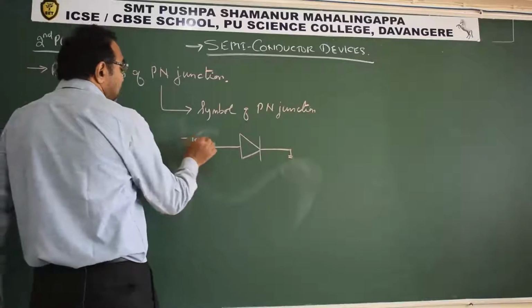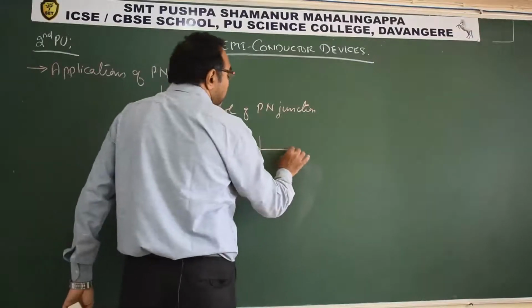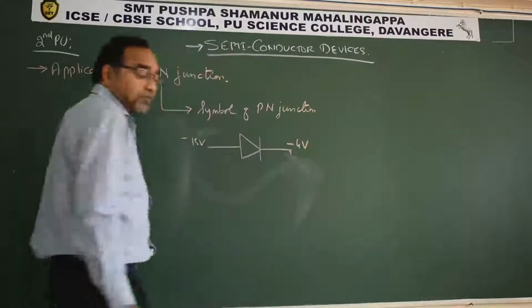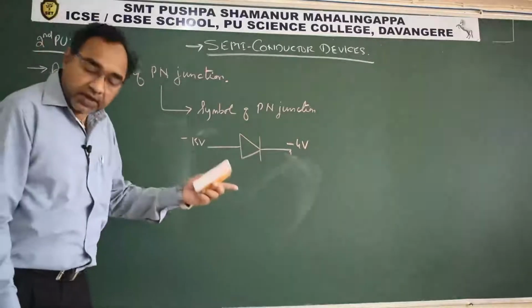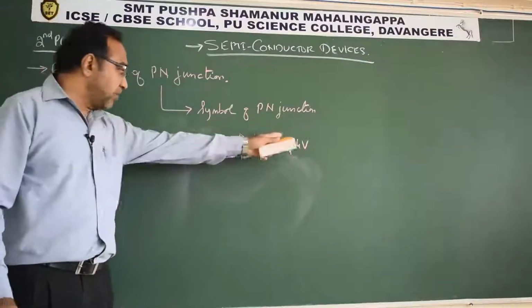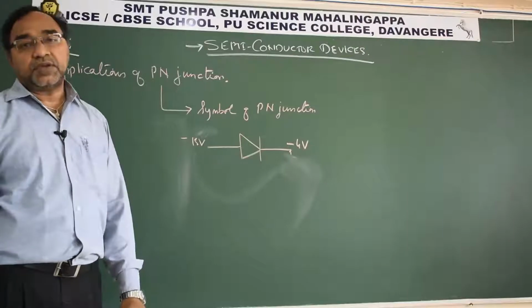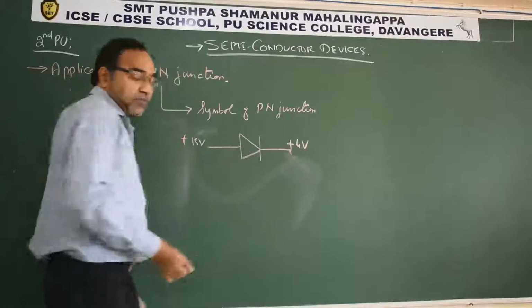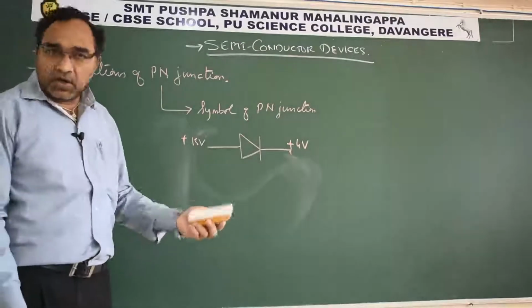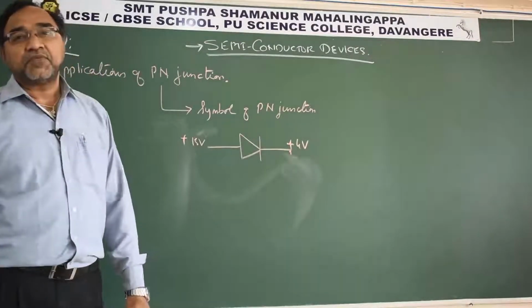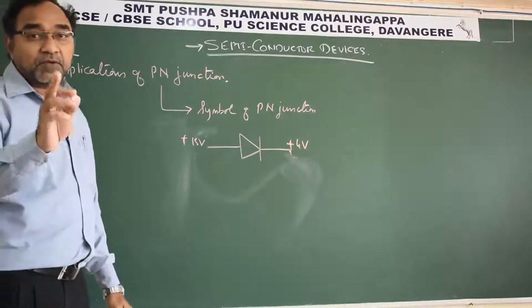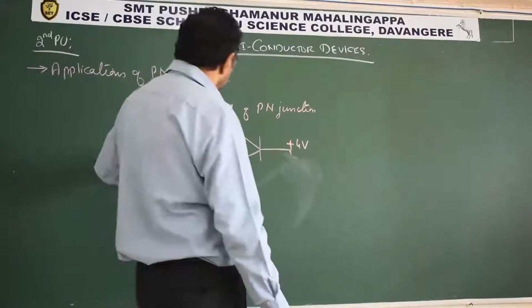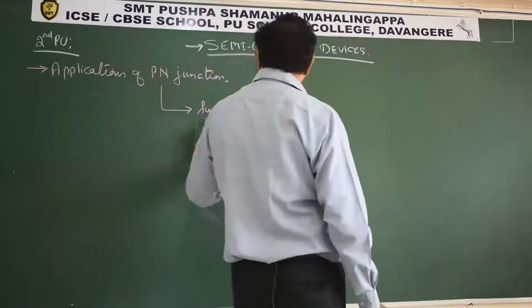Now you will have minus 15 volt and here suppose I say minus 4 volt. Now what can you say? Again it is reverse bias, because minus 4 is more than minus 15. Now the same thing, if you have plus 15 and plus 4, obviously there is no doubt you can say this is always a forward bias. Be very careful about the minus signs. Normally we frame questions which are based on the minus sign.